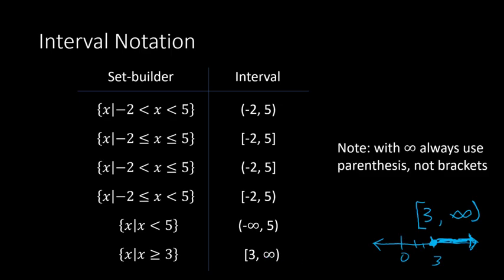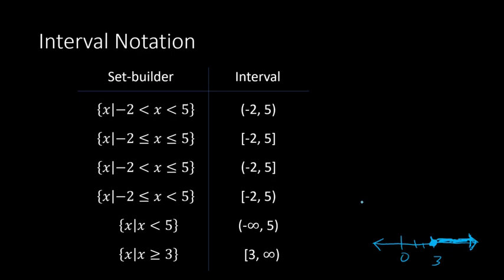And again, just take note, we mentioned this, but make sure that with the infinity symbol, if you're going on to infinity, always use parentheses, not brackets. And also, it's worth noting that you could, if you want, for this example here, when you're graphing with a closed circle, we could graph another way as well.